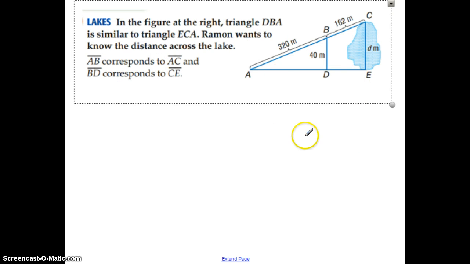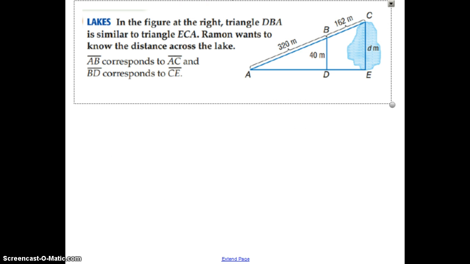All right, here's another example. In this figure, triangle DBA is similar to ECA. So the small triangle and the big triangle are similar. We know that. They share this common angle, reflexive, and any triangle that's inscribed inside the other triangle is going to be similar.